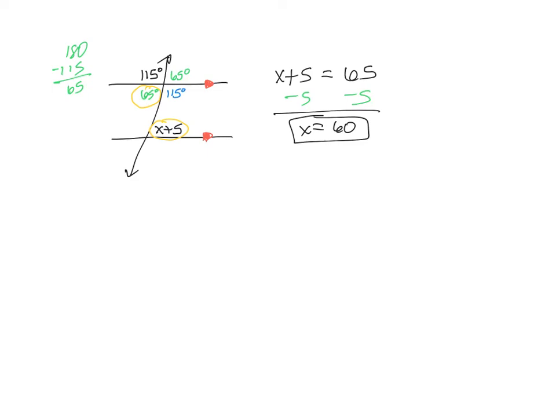If you did these two, the 115 and then with the x plus 5, you'd have to do x plus 5 plus 115 equals 180.